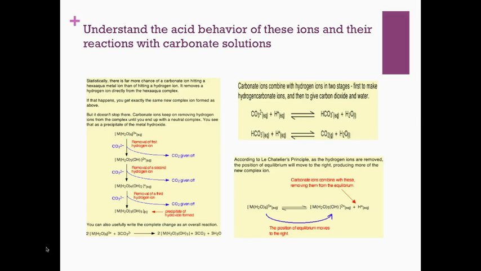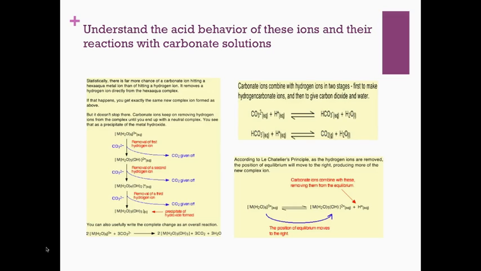And you see that because it turns into a precipitate. If you notice, CO2 is given off at each step, and a precipitate of the hydroxide is formed.